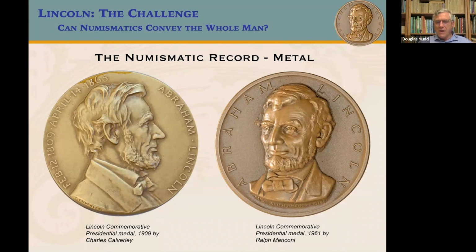Lincoln has become a more human, less godlike figure, and I think it's conveyed through images such as this.